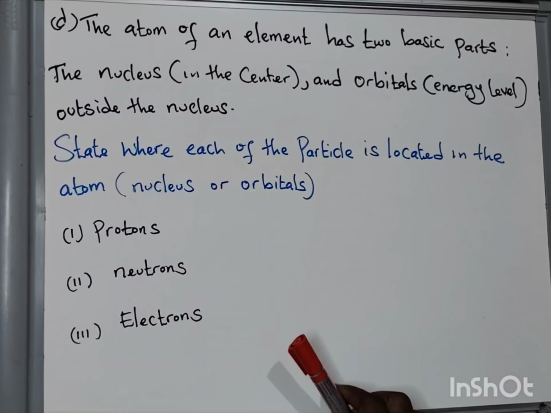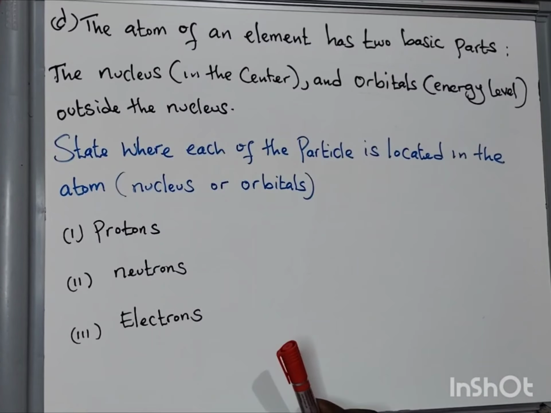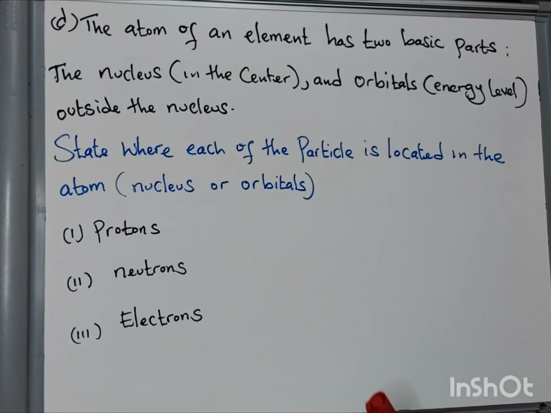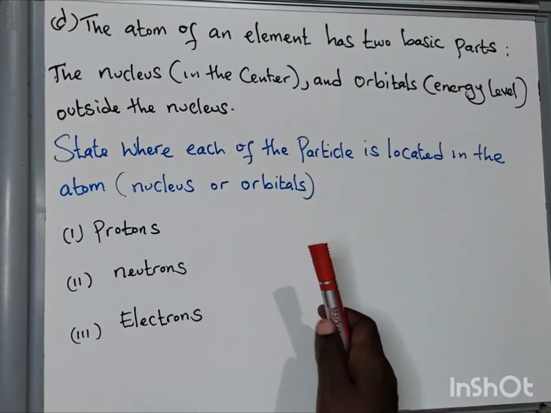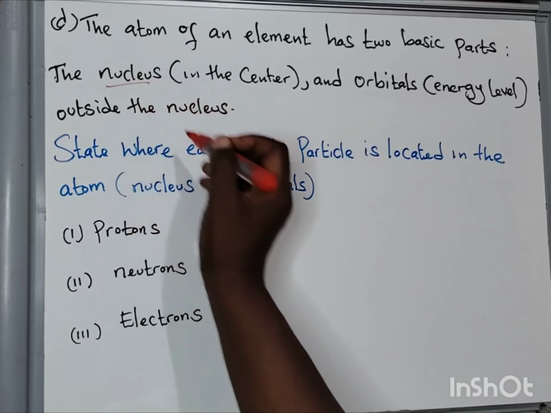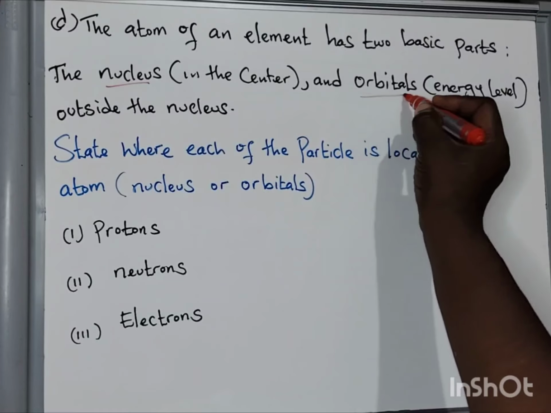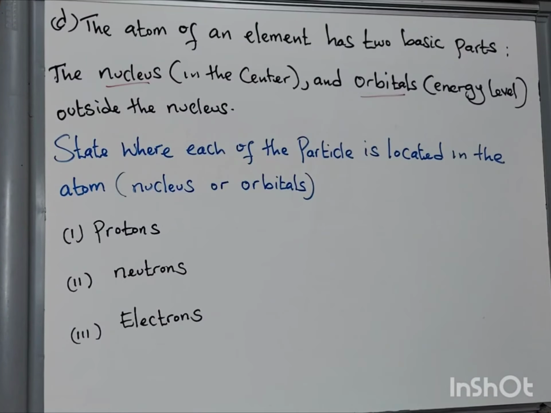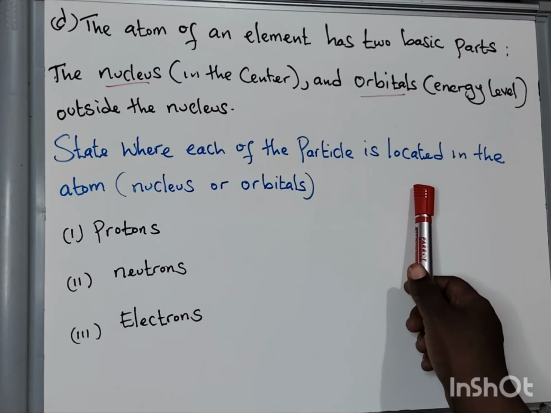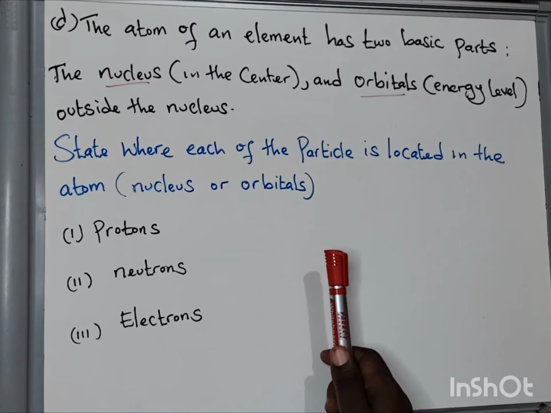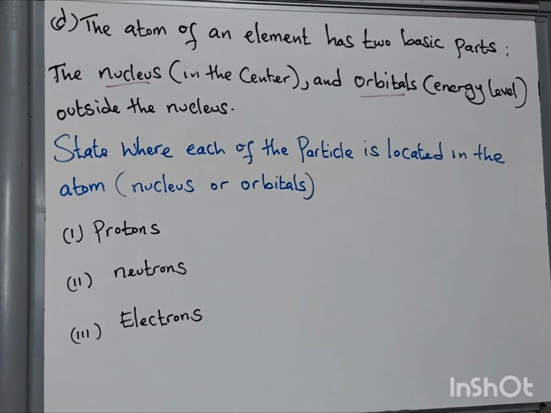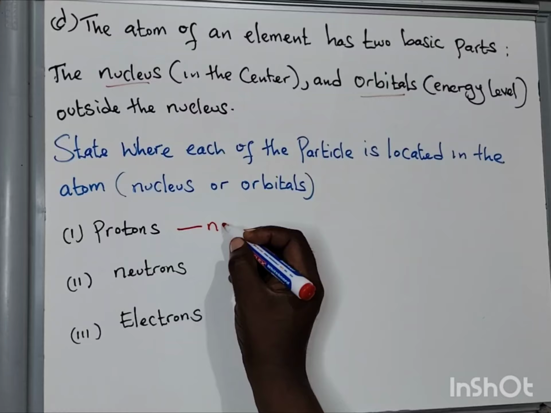Then comes this question. It says that the atom of an element has 2 basic parts, the nucleus and the orbitals. And the question says, state where each of the particles is located in the atom, and you choose between the nucleus or the orbitals. Protons are in the nucleus.